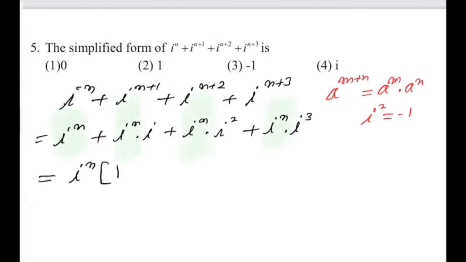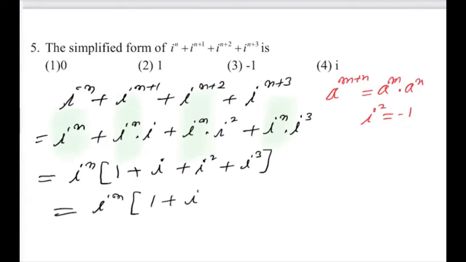Then we get 1 plus i square plus i cube. So that is i power n times 1 plus i square is minus 1, i cube is minus i. Then you get i power n into 0. Get 0.